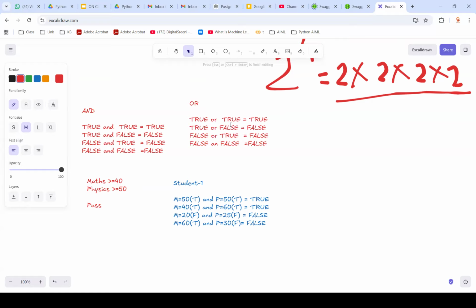True or true will be true. True or false will be true. False or true will be true. False or false will be false.